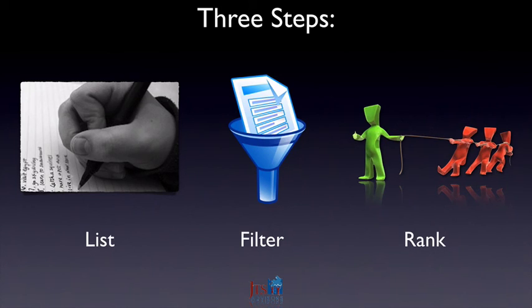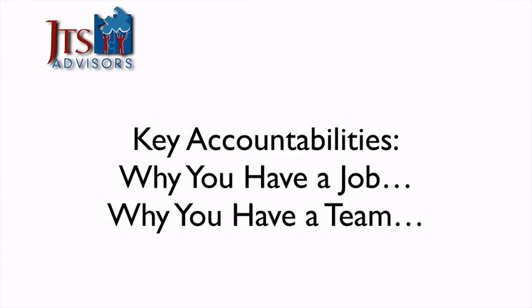And remember, these accountabilities are why you have a job in the first place. That's where that money is coming from. It's coming from those results that you provide this organization. And even if those results aren't going as well as you like, chances are that's still why you get paid. And again, if you're a business leader or owner or manager of a team, the accountabilities that are owned by each team member are the reason why they're on that team of yours in the first place.